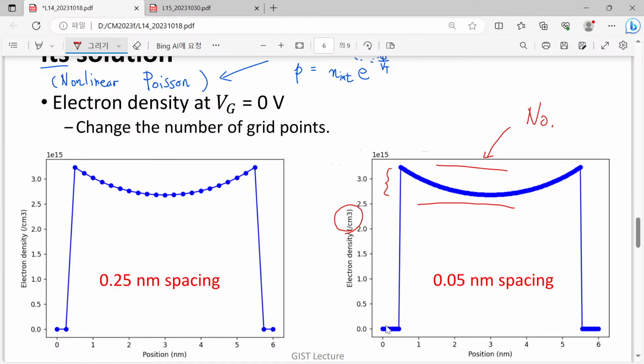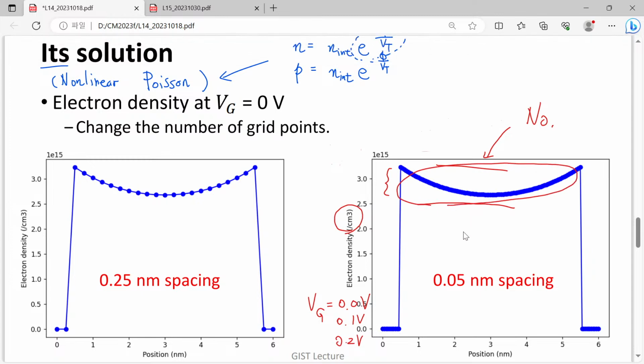However, if we introduce a higher gate voltage instead of 0.0 volt, say 0.1 volt or 0.2 volt, then the number of electrons inside this silicon layer will increase.